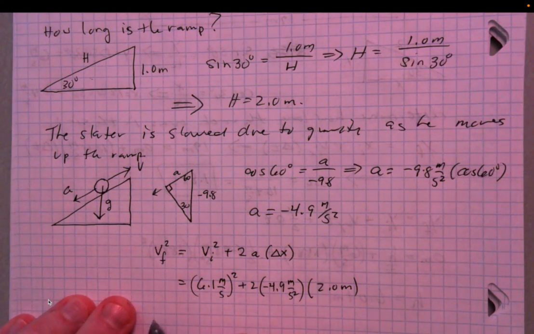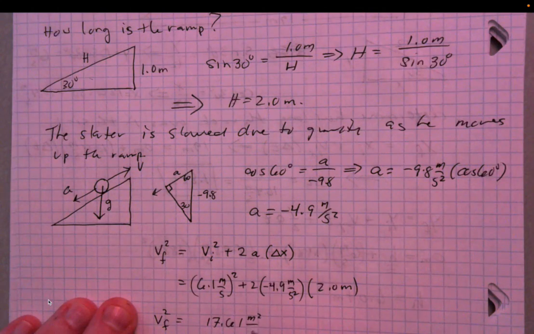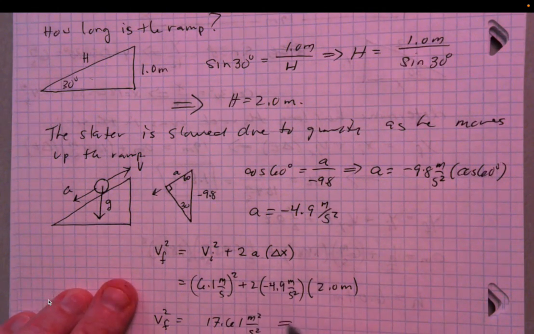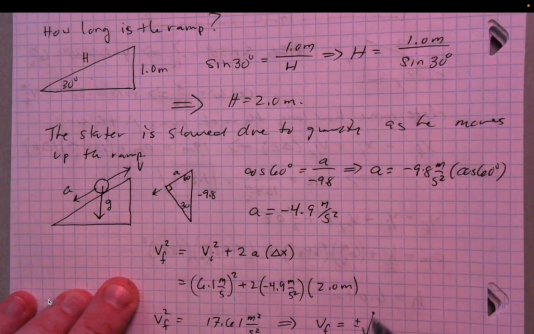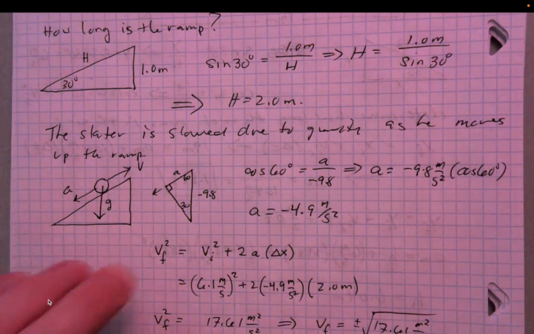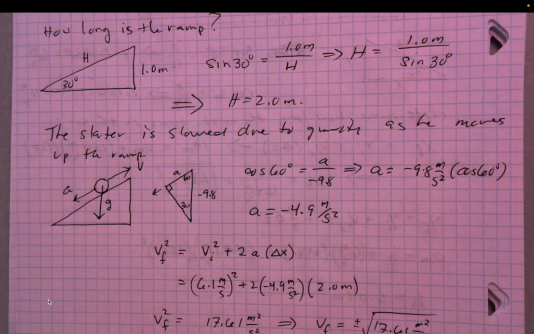Okay, and so that all works out to be, when you crunch all of this, you get 17.61 meters squared per second squared, right? And so then if we take the square root of that, we see 4.2 meters per second is the positive quantity.